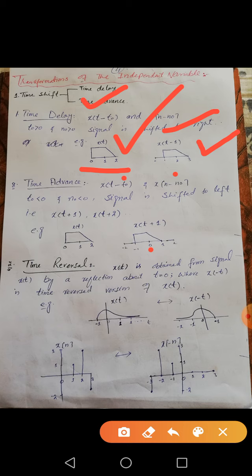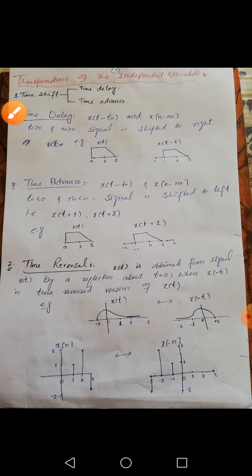t naught and n naught will be some numbers, for example 1, 2, 3, 4, 5, it will be some number. So if the value of t naught is, for example, minus 2, it will become x of t plus 2.